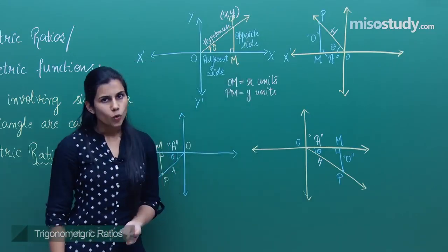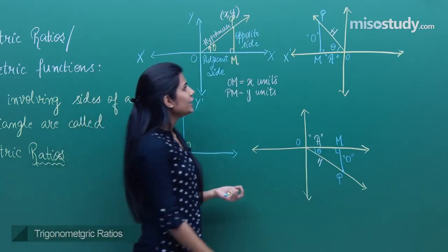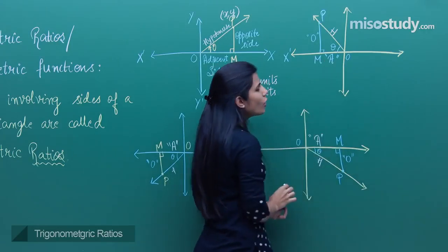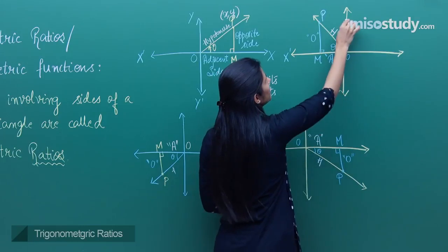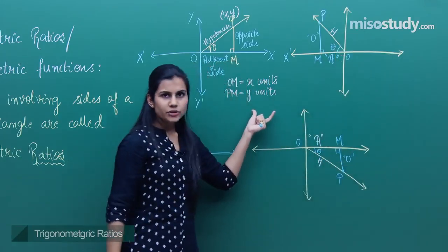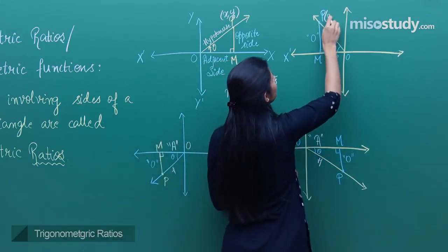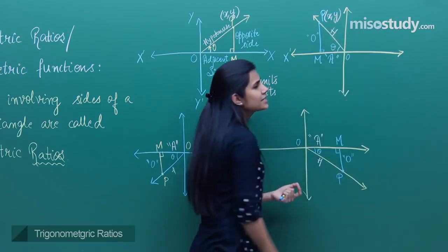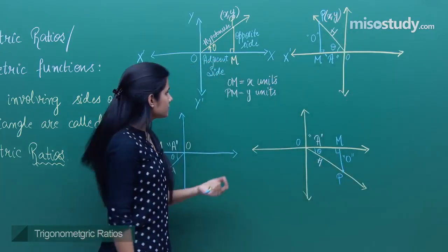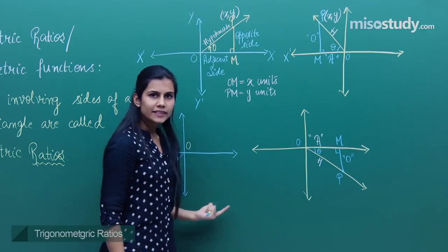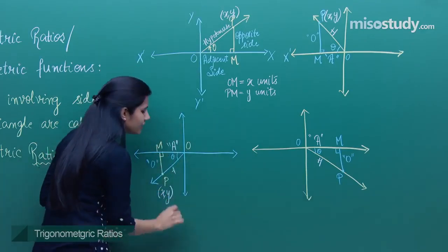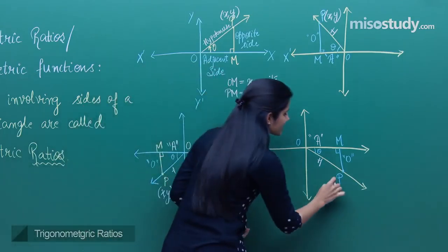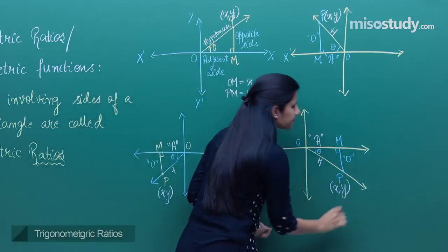Similarly, over here, if you take OM to be x units and your PM to be y units, again this point becomes this coordinate pair. Follow the same thing in these two cases also, and you have P being the ordered pair x, y.